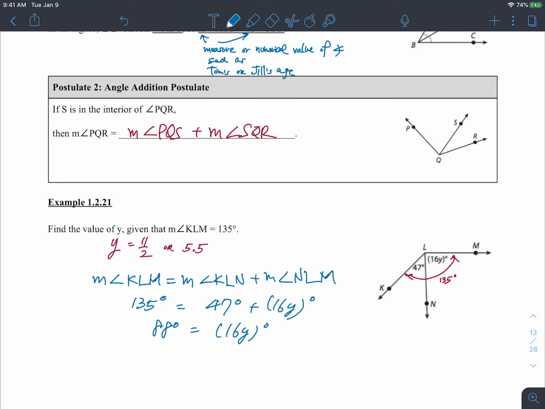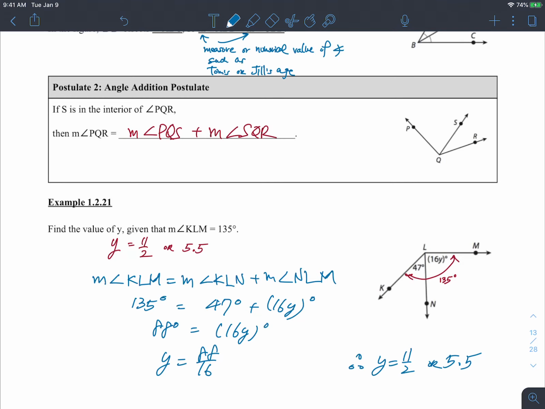To solve for y, we divide by 16, and that will yield 11 over 2, or you could say 5.5.